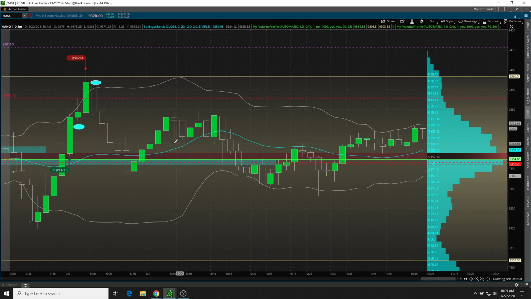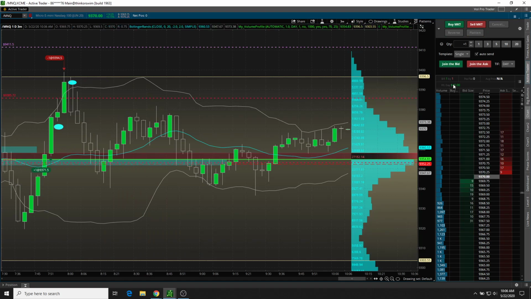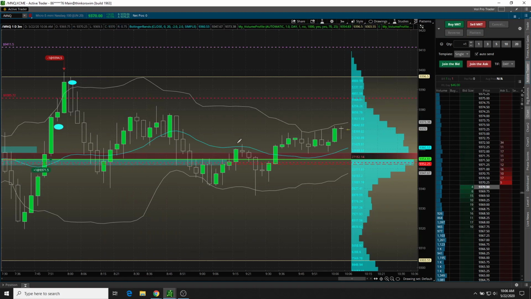And that's my trade. Once again, this is in the mini or the micro NASDAQ futures. That's 1/10 the size of the actual contract. So this was a trade of 71.5 to 94.5, that is 23 points, and the profit on that trade is $46.